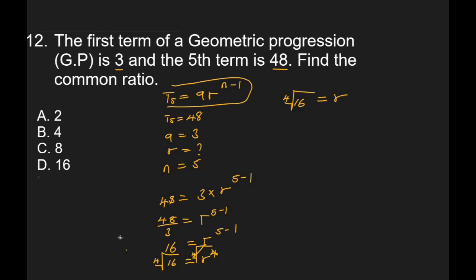Remember, the roots and the power cancelled each other here, and that's why I'm left with just r. Now the fourth root of 16 is 2, because 2 times 2 is 4, times 2, 8, times 2, 16. So the fourth root of 16 is 2, equal to r. That means we have a common ratio.